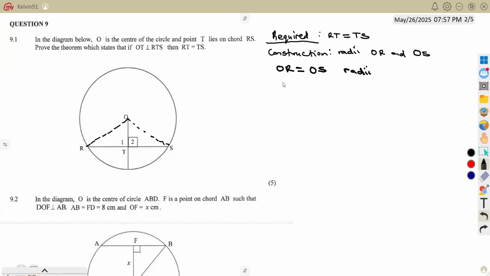Then we can prove now that T1 is equal to T2, which are both equal to 90 degrees. Considering that this is a straight line, you are given that here is 90 degrees, and 90 plus this must give us 180. Those are angles on a straight line.